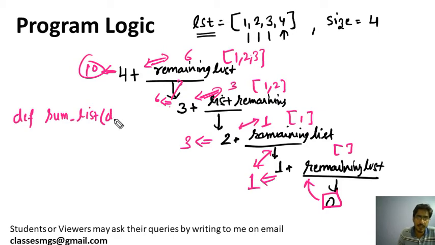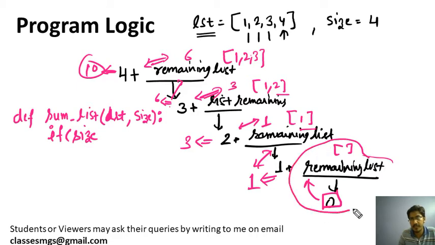I will pass the list here, and this is the size. Actually we are trying to reduce the size; we are not reducing the list, we are reducing the size. Then what we will do, we will write this step first. If the size of the list is equal to 0, then we will return 0.